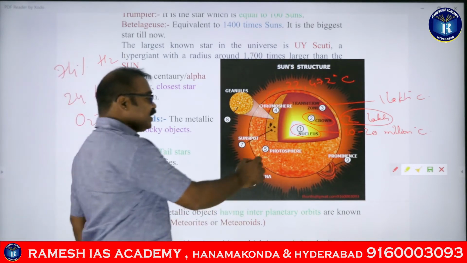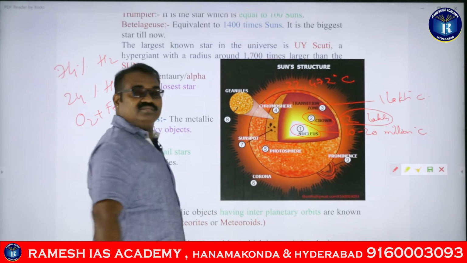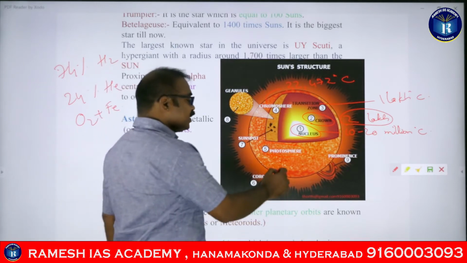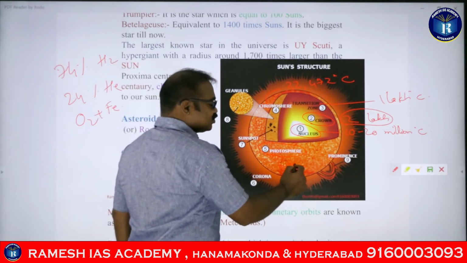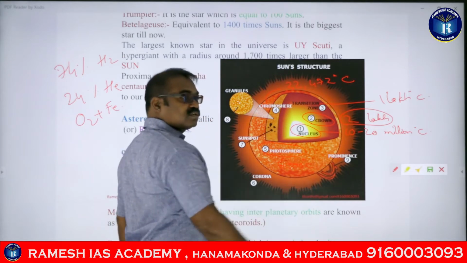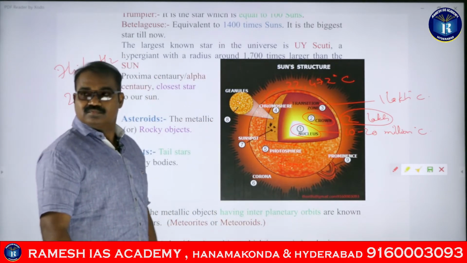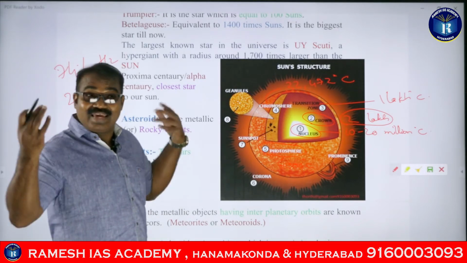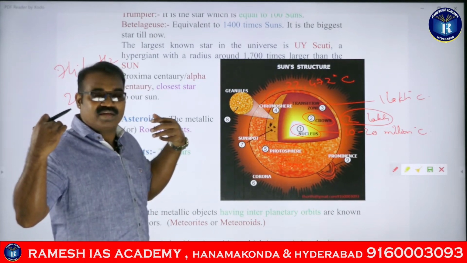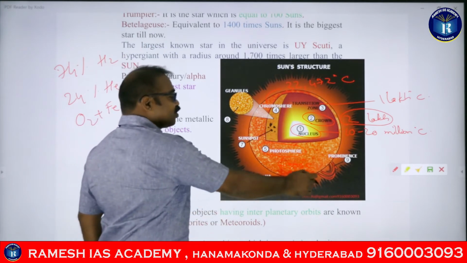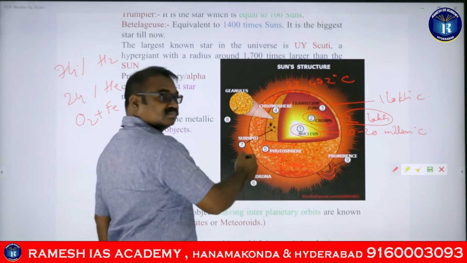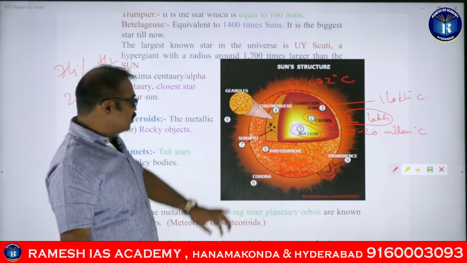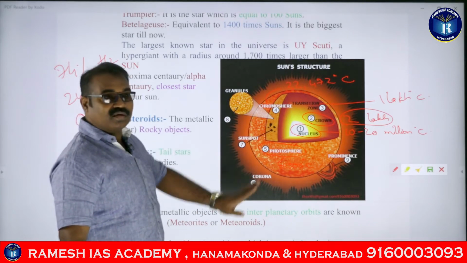And the fifth sphere is the photosphere, and the photosphere has 6,000 degrees centigrade of temperature. And the glare that we see, guys, is called the corona.